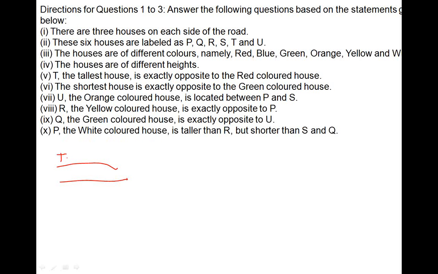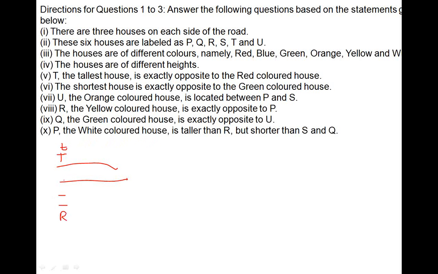T is the tallest house, so for tall you can write small t. T is exactly opposite to the red colored house, so red colored house means you'll have to fix three positions: first alphabet for the name, second for the height, and third for the color. So color would come here as red. The first and second positions are left vacant.